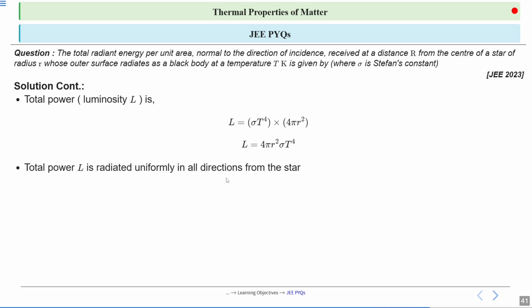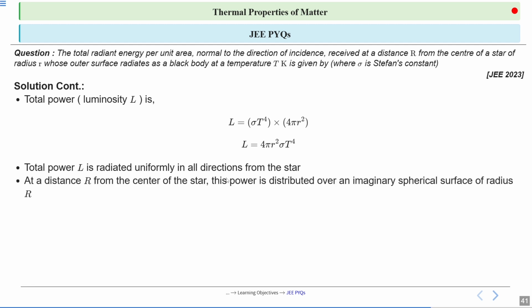The total power L is radiated uniformly in all directions from the star. So at a distance r from the center of the star, the power is distributed over an imaginary spherical surface of radius r. The area of this imaginary spherical surface is 4 pi r square.